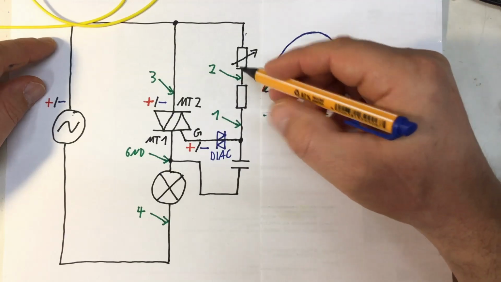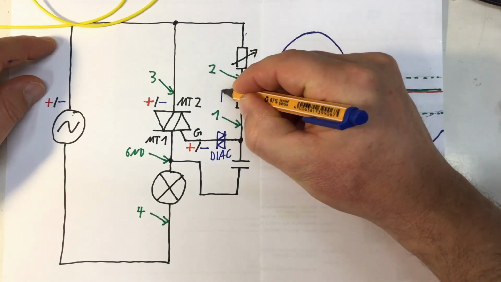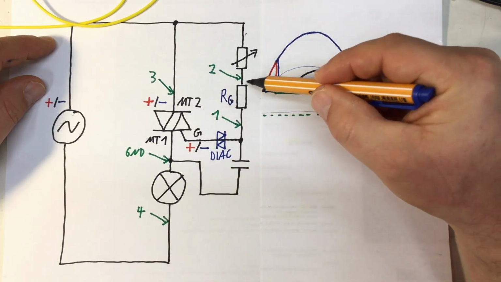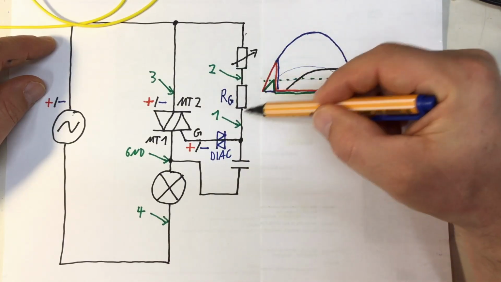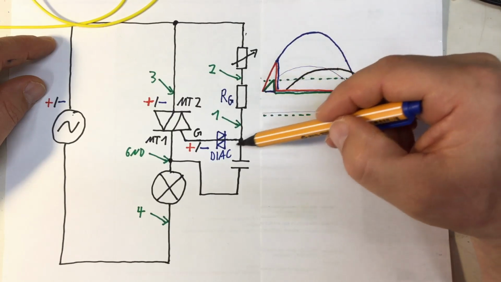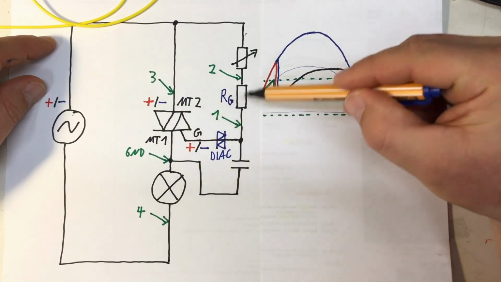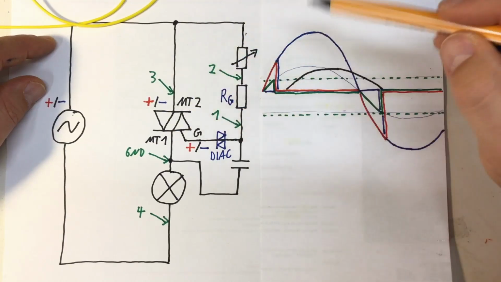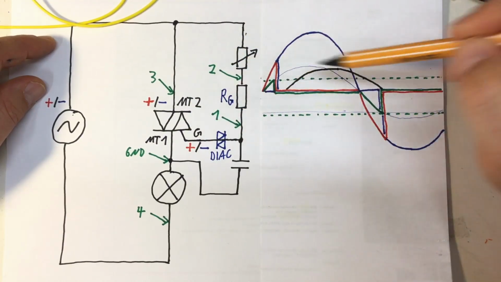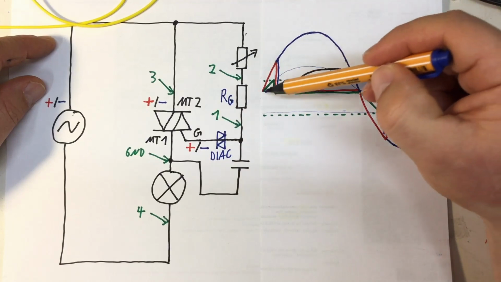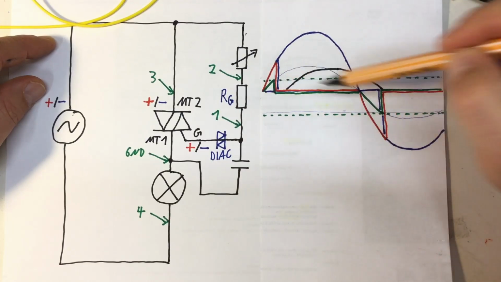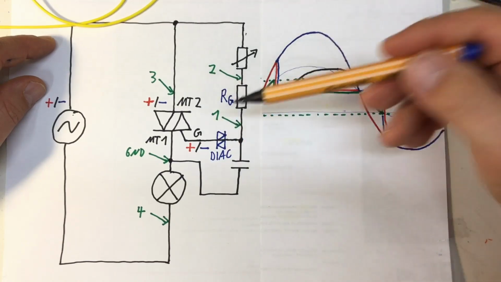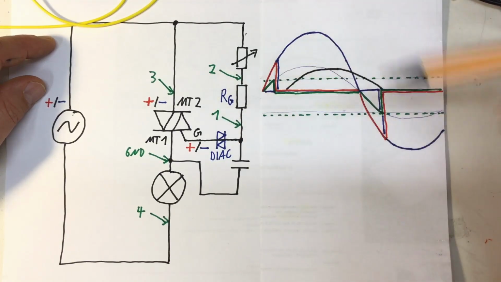And this is about that minimum resistance you should have to your gate. In this circuit, in theory, we switch the TRIAC on as soon as we have enough gate trigger current. So all should be well.